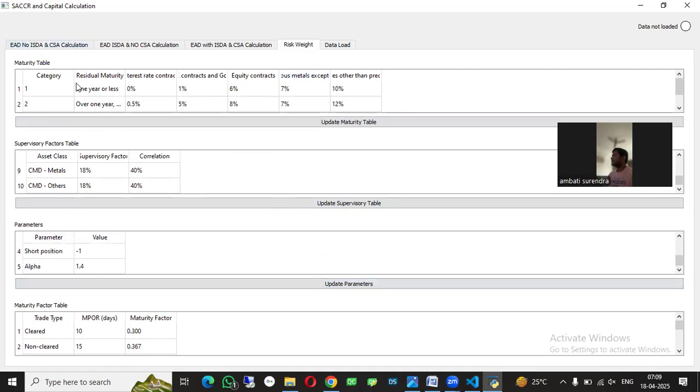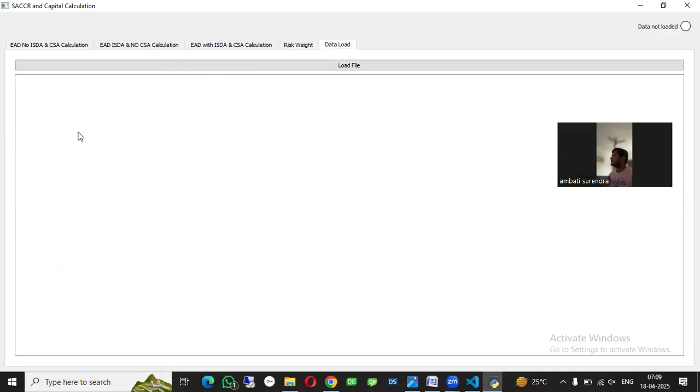So the EAD calculator will pick up all these values automatically. Instead of going and changing a specific place, we can update it here. That is the idea. Suppose you want to update the alpha value to 2, we can change it and simply click on update parameters, then it will update automatically. That's the idea. So let's go back to the data load tab.